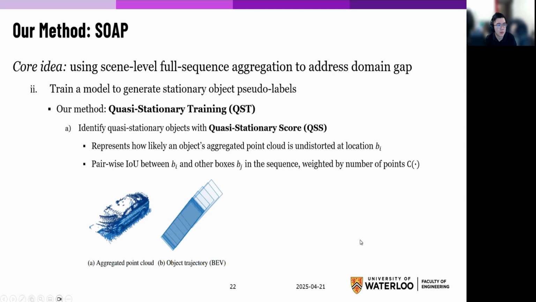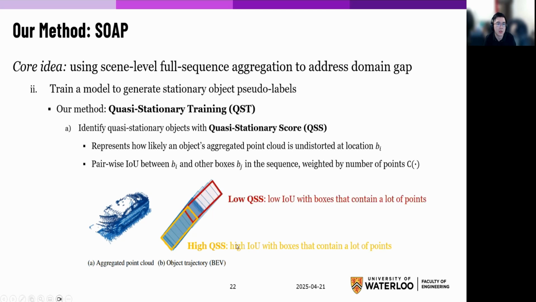So back to the previous example, where the object here is mostly stationary, it will have a very high QSS score. And hence, during training, we'll use this location and this bounding box as the ground truth, despite the fact that this object is technically not stationary. Whereas for the actually dynamic part of the object, where we see distortion and very few points, it will have a very low QSS score because the IOU is low and we have very few points. So it's down-weighted significantly.